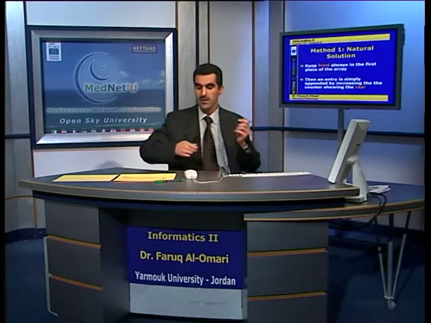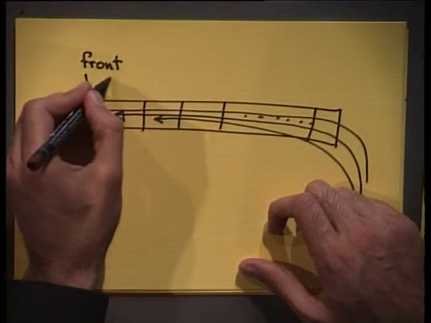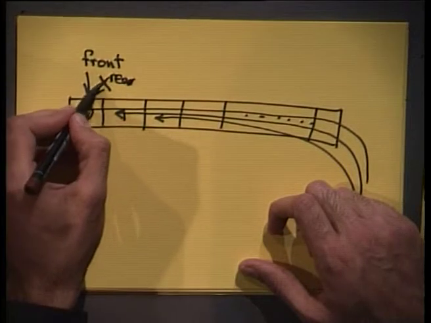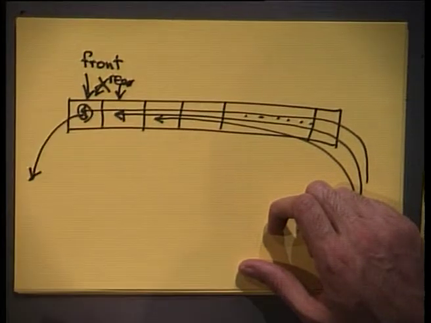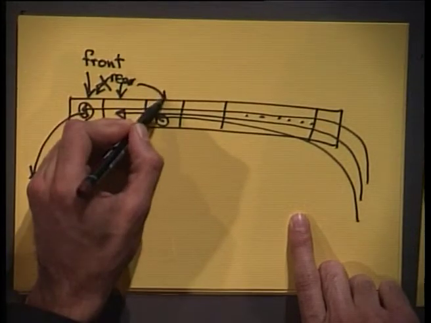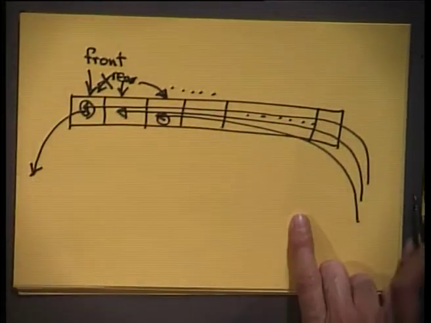So at the very beginning, rear was here because I don't have any entries. And now I have one entry, so I'm going to advance this to here. A new entry comes, so I'm going to move it here, and so forth. So rear keeps moving as new customers are coming to the queue, as I'm appending to the queue.